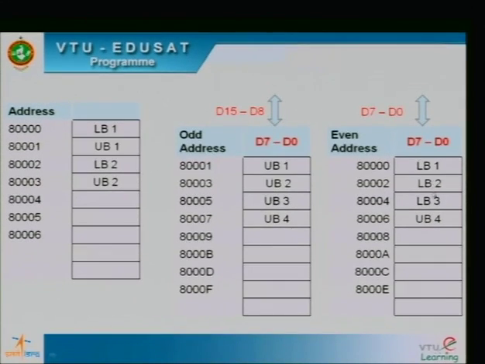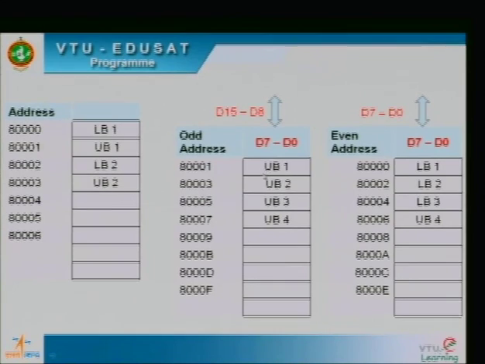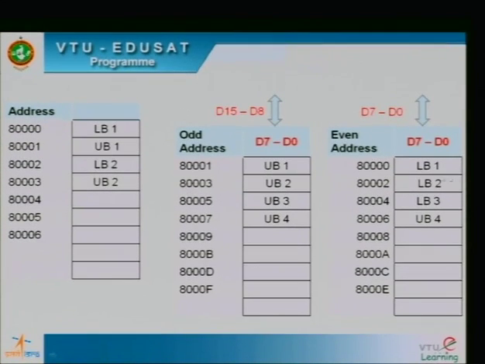In one bank we store all the lower bytes, and in the other we store all the upper bytes. For example, the first location, 8000, stores the lower byte of word 1, whereas 8001 has the upper byte. Similarly, 8002 and 8003 together correspond to word 2, and so on.